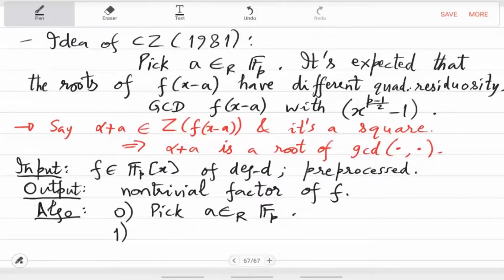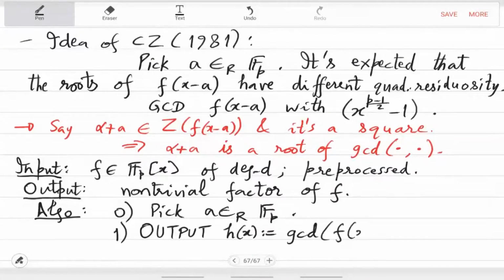So, this one step is: output the GCD of f of x minus a with x to the (p minus 1)/2 minus 1. Okay, this is a factor of f of x minus a.